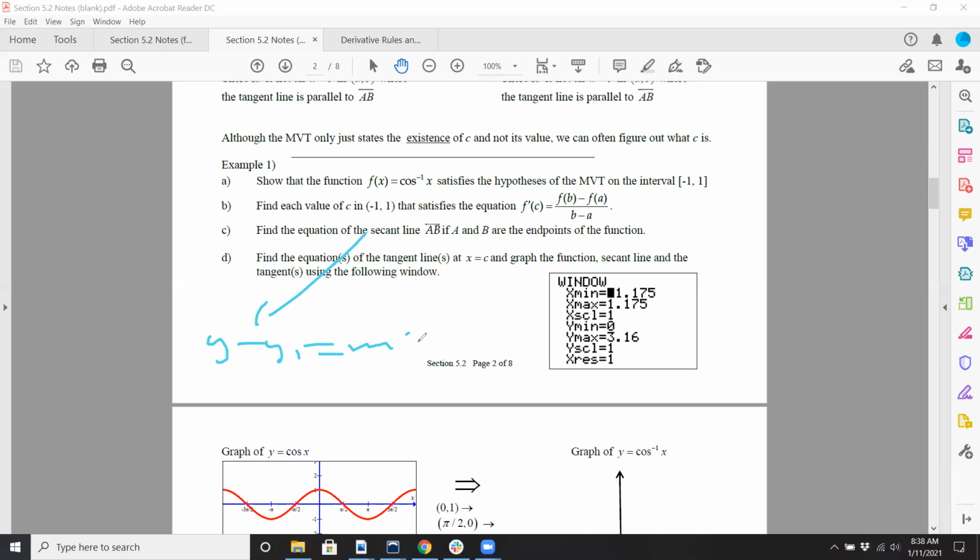We knew this was negative pi over 2 when we worked that out. You can use either endpoint, like that was 1 comma 0. So you do y minus 0 equals negative pi over 2 times x minus 1.